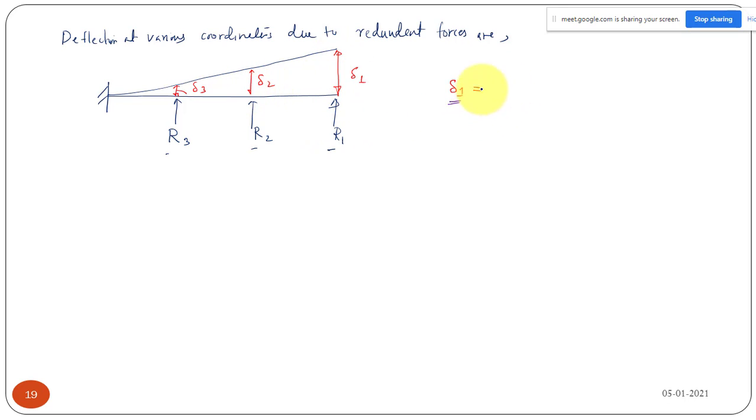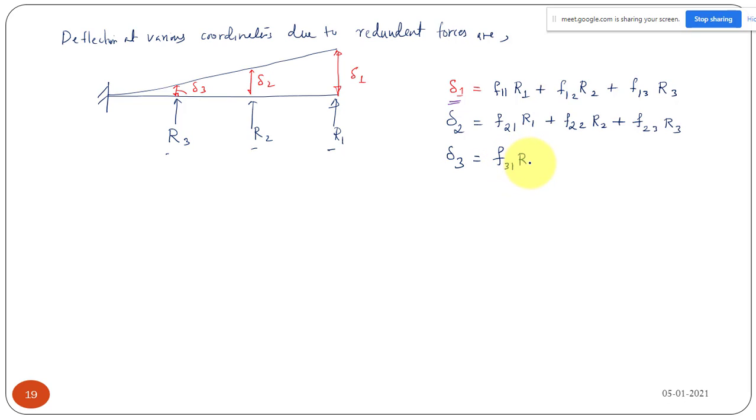Delta 1 is F11 R1 plus F12 R2 plus F13 R3, delta 2 is F21 R1 plus F22 R2 plus F23 R3, and delta 3 is F31 R1 plus F32 R2 plus F33 R3.